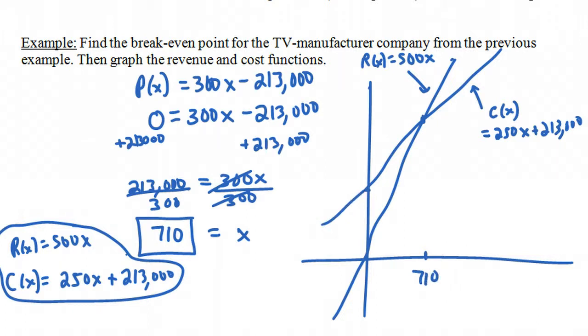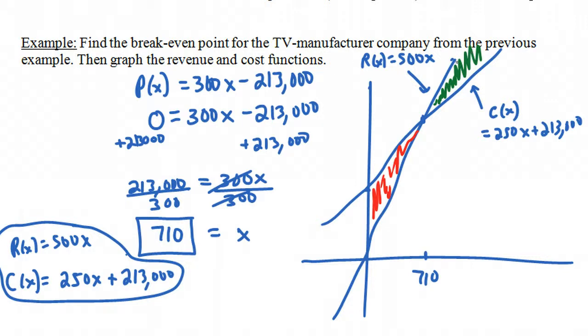Now, anything in this region, you would have a negative profit. Remember, the profit is the revenue minus the cost, but over here the revenue is lower than the cost function, so you're losing money. Anything over here, you're in the green, or the black, you're actually generating a positive profit.